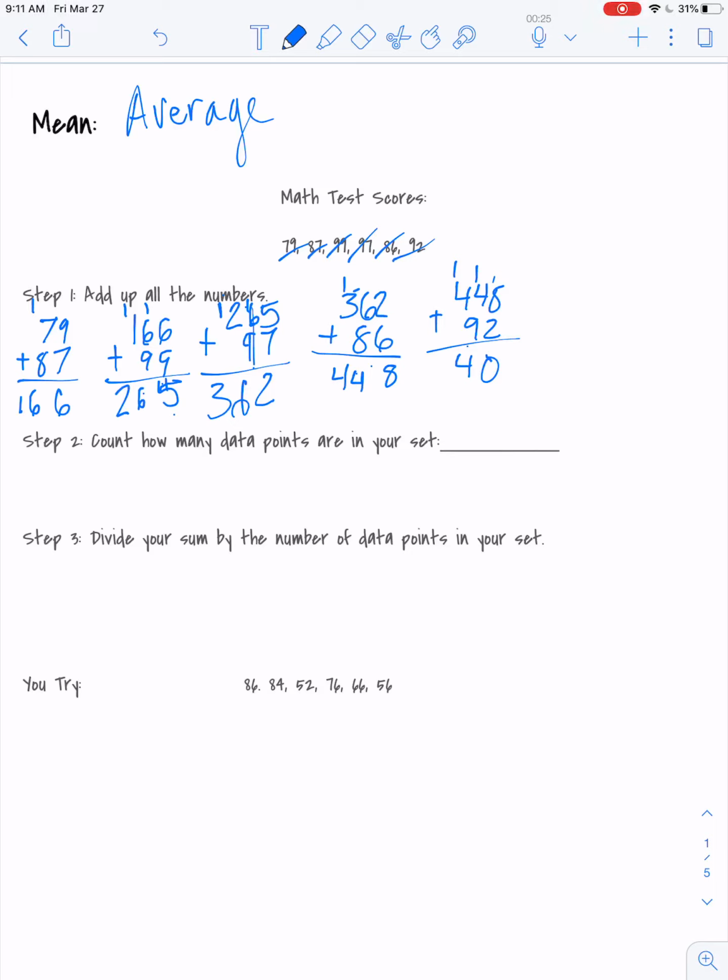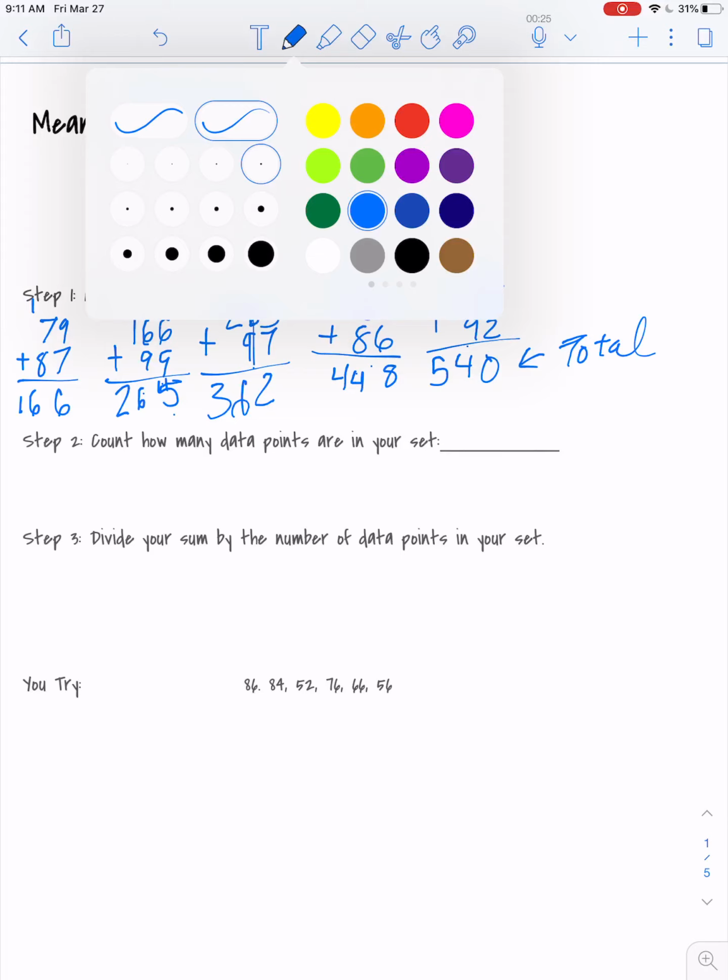And 1 plus 4 is 5. So we end up with a total of 540. Our next step is to count how many data points we have in our data set.